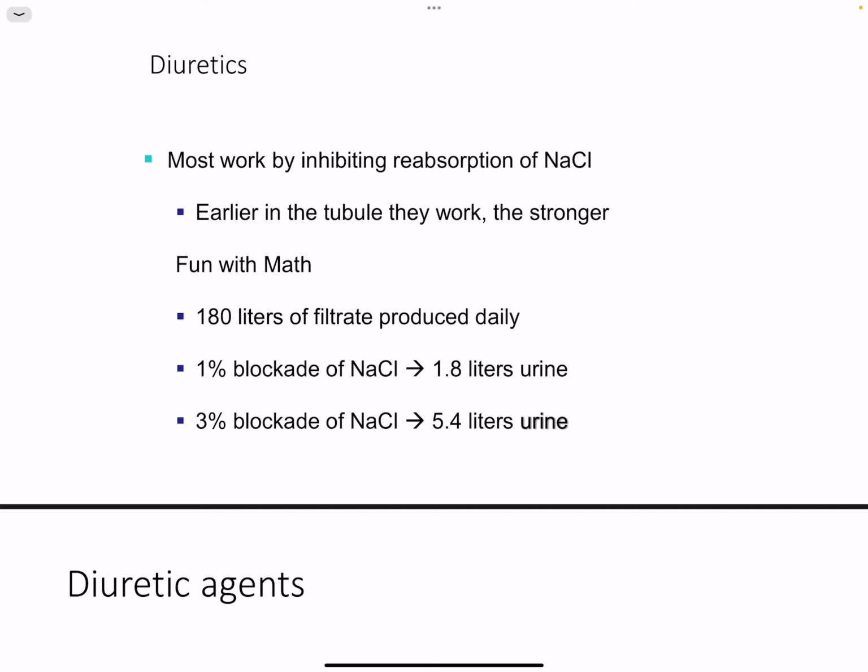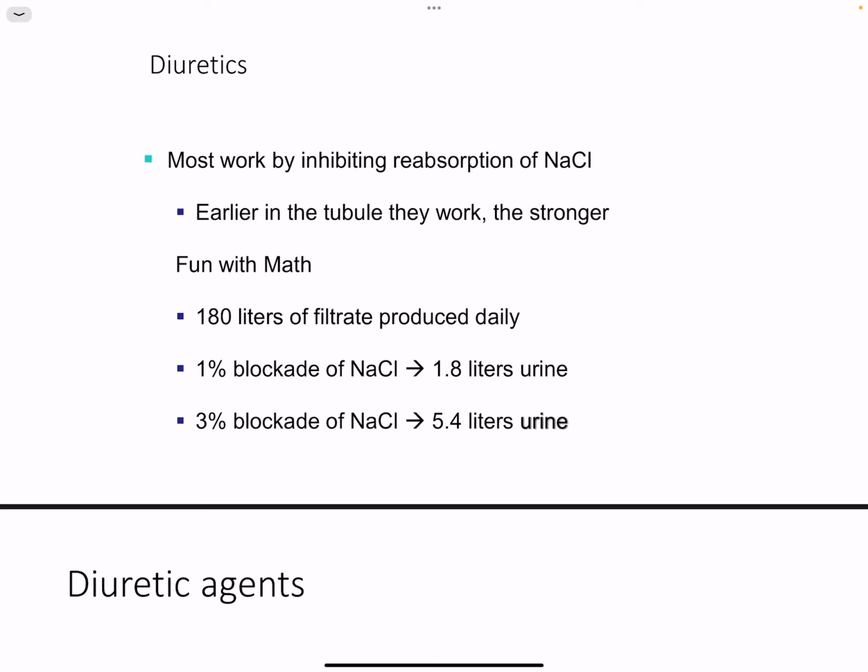If it works in the loop of Henle, it will be stronger. If it works in the DCT, it will be weaker. Why? Because it is away from the glomerulus. So when we go away from the glomerulus, the potency of the drug is reduced.